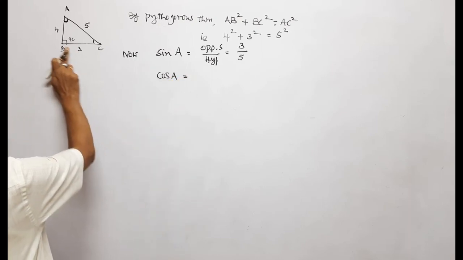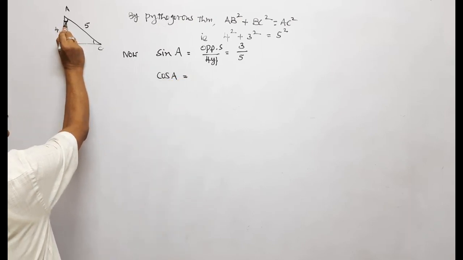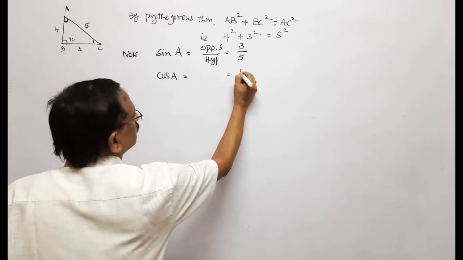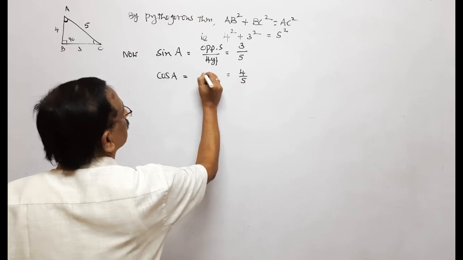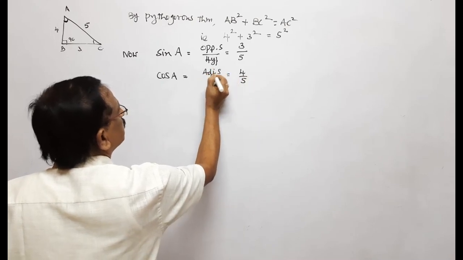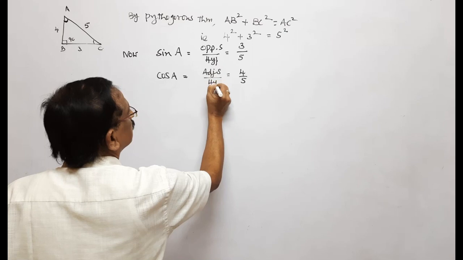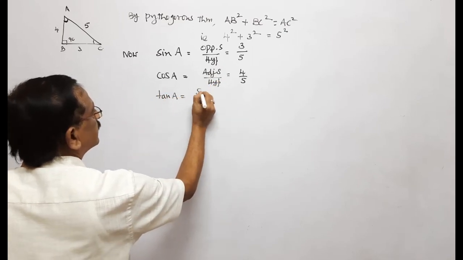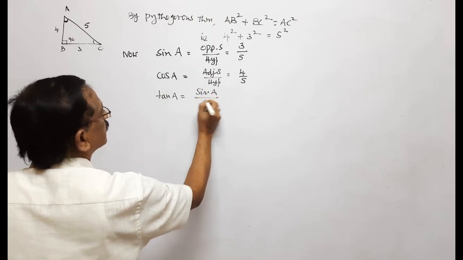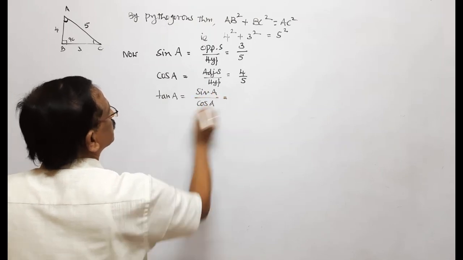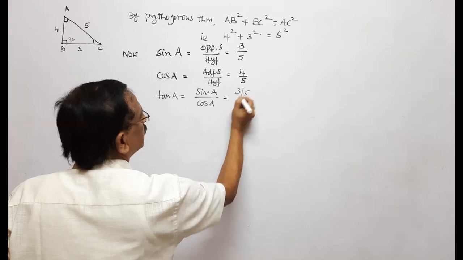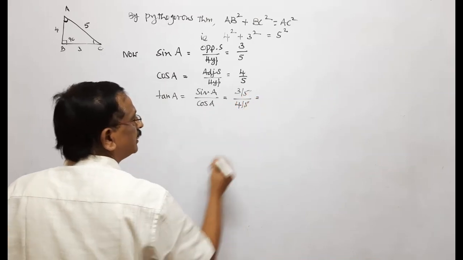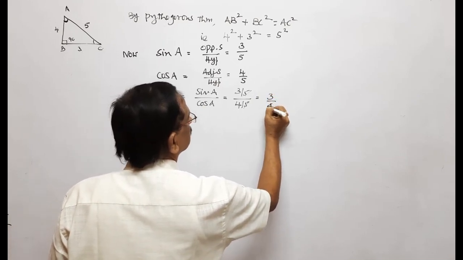Cos A is adjacent side by hypotenuse, so it is 4 by 5. What about tan A? Tan A is sin A by cos A. So sin A is 3 by 5, cos A is 4 by 5. So I can cancel this 5 and 5. This will become 3 by 4.